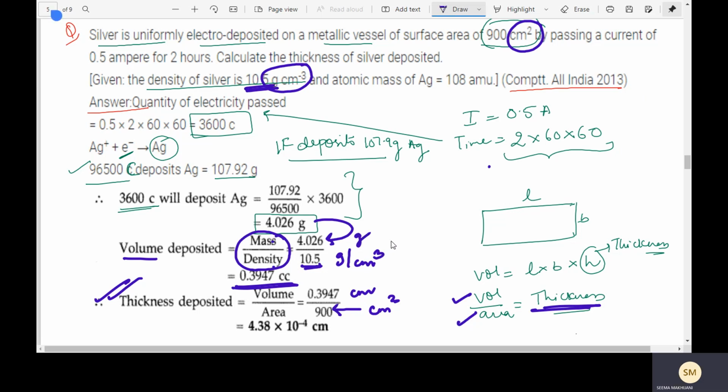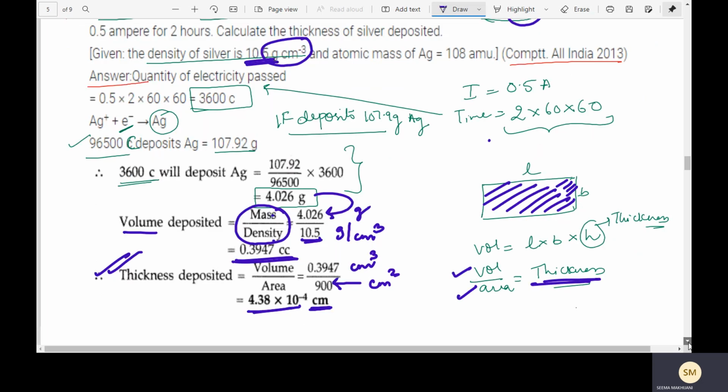So this was in cubic centimeter, and when you divide the cubic centimeter by the square centimeter, you end up in centimeter. That is your answer, your thickness for this particular question. So from the amount of silver deposited, you first find its volume using the density, and after that you find the thickness by using the surface area. Fine.